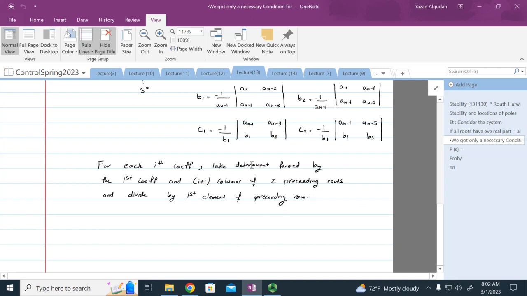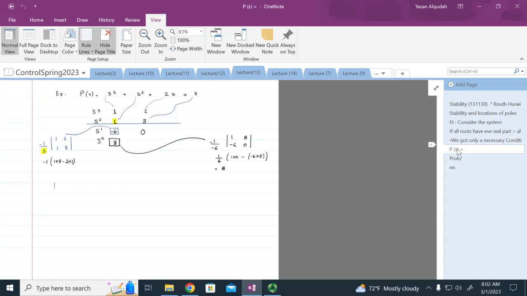And then we've done an example. We calculated the Routh Hurwitz table for this polynomial. Again, 1 and the coefficients of the odd, which is 1 and 2, and then the even, 1 and 8. And then we calculated this entry, which is -1 over this one, multiplied by the determinant of 1 and 2 and 8.